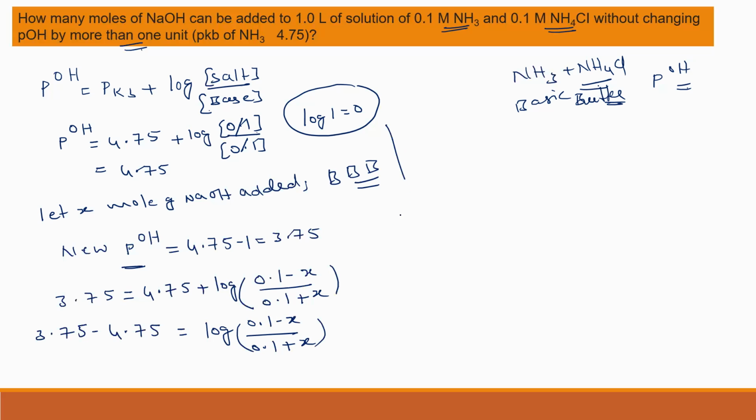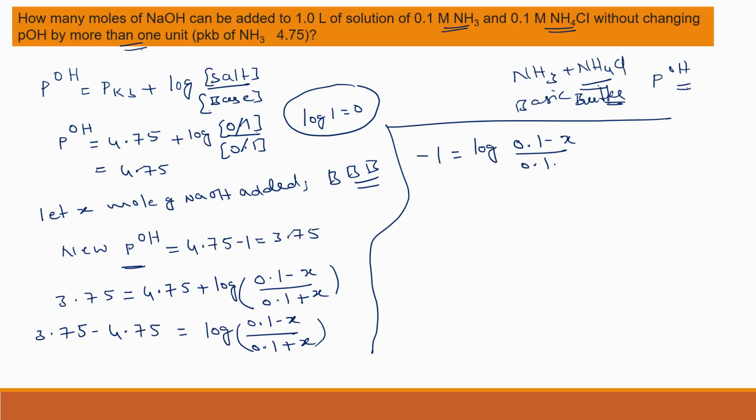So 3.75 minus 4.75 is minus 1, and minus 1 is equal to log of (0.1 minus x) by (0.1 plus x). Take antilog on both sides. 10 power minus 1, which is 1 by 10, is equal to (0.1 minus x) by (0.1 plus x).